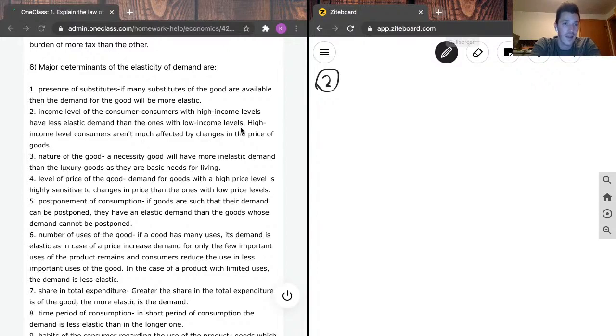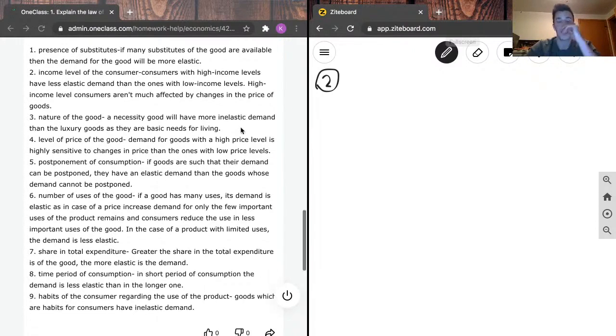Two, the income level of the consumer. Consumers with high income levels have less elastic demand than the ones with low income levels. High income level consumers aren't much affected by changes in the price of goods. So say you're a millionaire, the PS5 comes out, but you weren't able to get it right away.